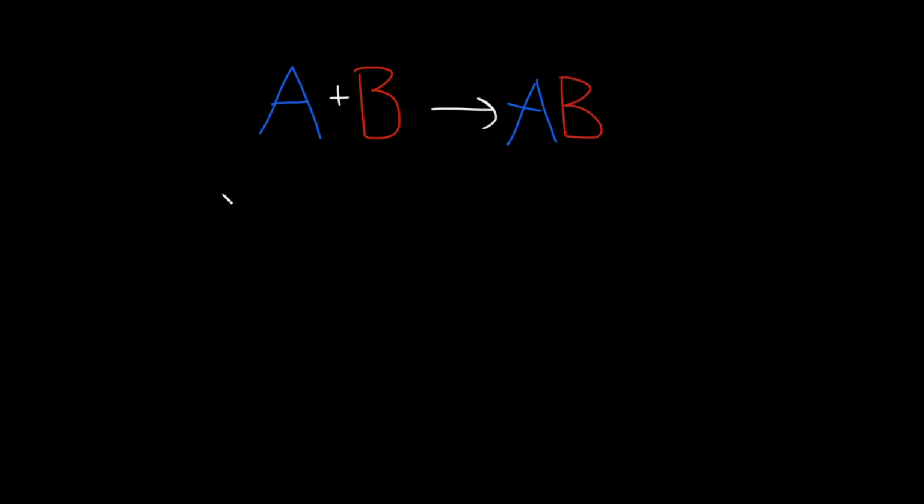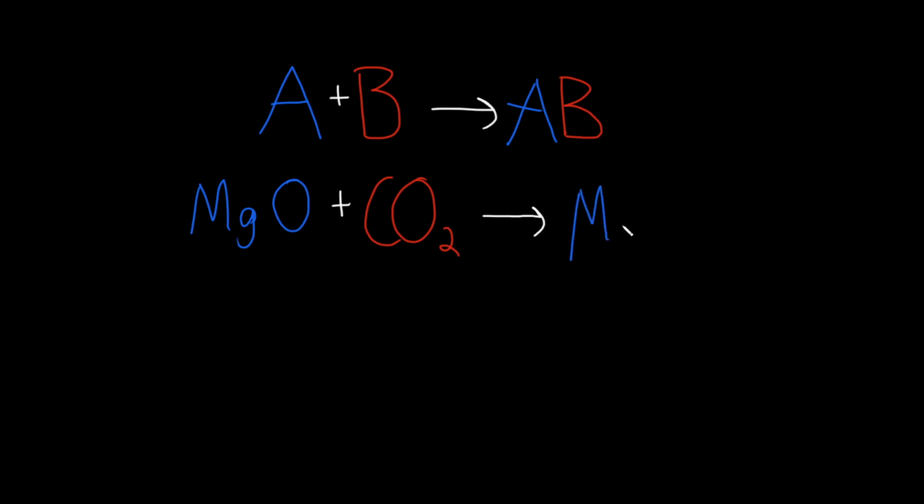Let's now say that compound A is magnesium oxide and compound B is carbon dioxide, and these two react to make magnesium carbonate. Let's suppose we want 84 grams of magnesium carbonate. So mass of magnesium carbonate equals 84 grams.